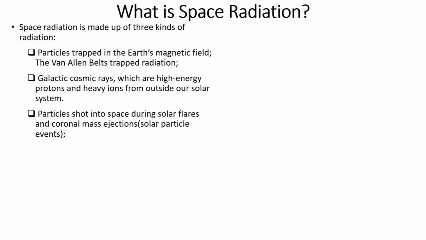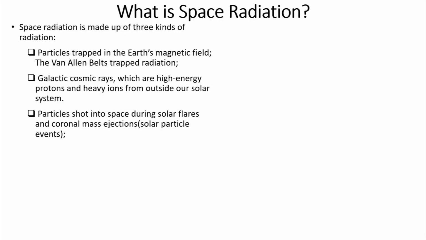Then the third source is the particles which are shot into space during solar flares and coronal mass ejections. This is called the particle events, which we also discussed in our first module. During very strong solar flares, some particles can gain very high energy, with very high velocity and kinetic energy.